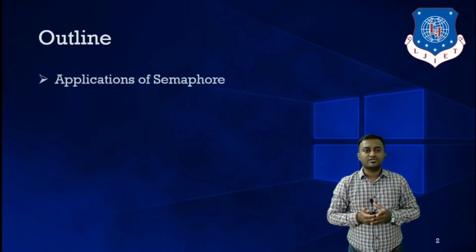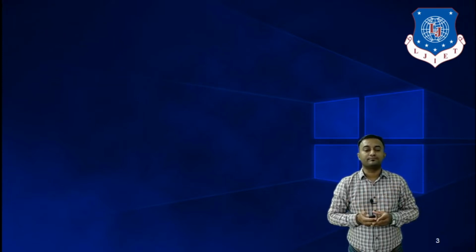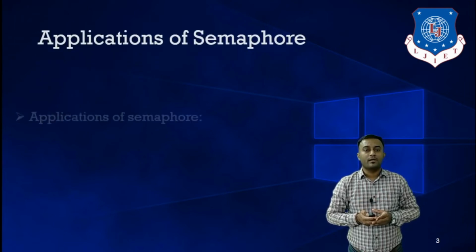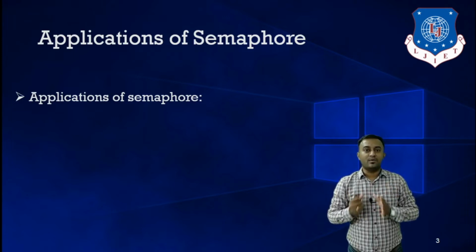In this particular session, we are going to discuss the applications of semaphore. In the previous session, we already understood what a semaphore is. It is nothing but an integer variable which can be used to solve different classical problems of process synchronization.